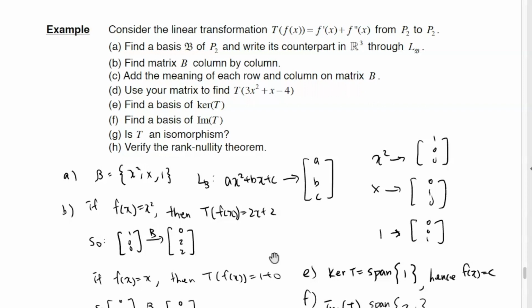So, A, find the basis B of P2. P2 is the quadratic functions. It has 3 dimensions. So we want a basis, and that means we need 3 elements. Now, quadratic equations are f of x equals ax squared plus bx plus c. So we can see that the easiest way to create a basis is to take x squared, x, and 1.